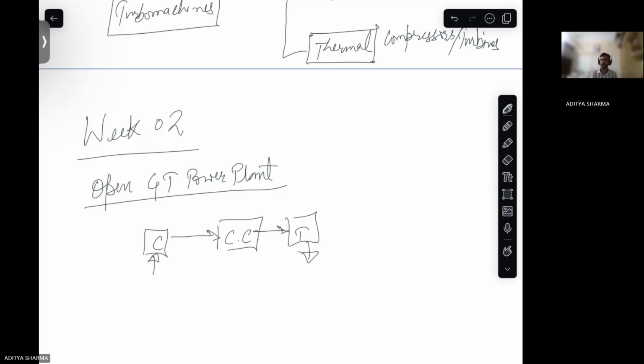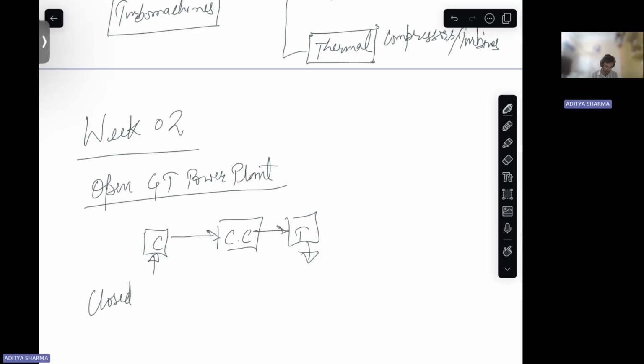Here, the working fluid or hot gases that you get from the combustion are not going to come again to the compressor. Okay. This is your open gas turbine power plant.